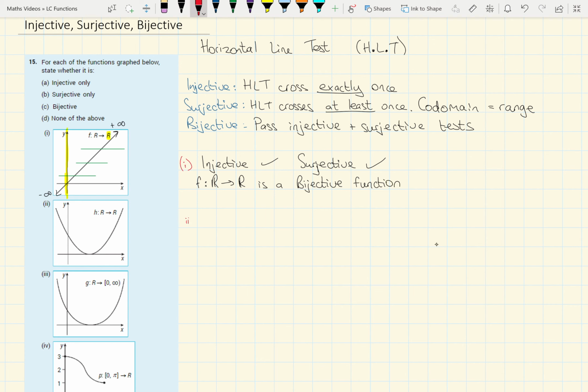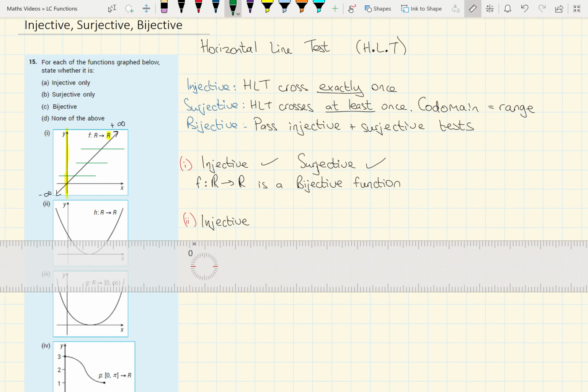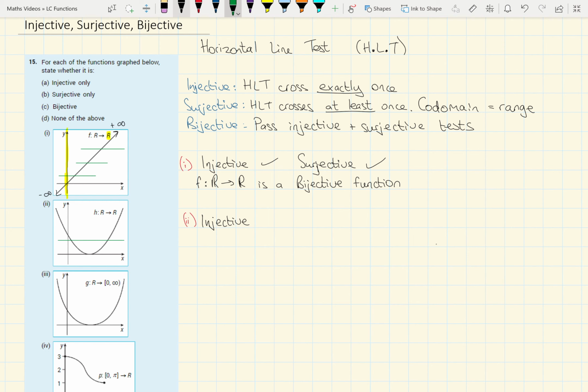Part 2 now. First up is to check if it's injective. I'm going to run a horizontal line test. Straight away we see we fail because it's going to cross twice. Now I need to check for surjectivity, and that means it'll cross at least once, and then my codomain must equal my range. There's my codomain.